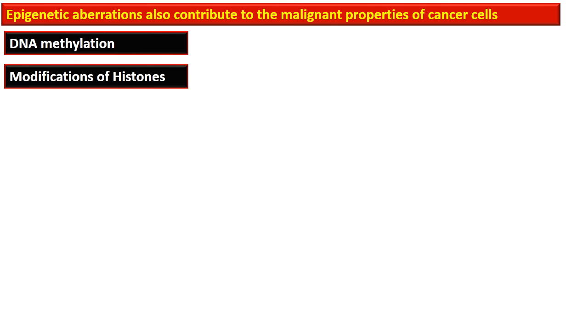Then there is modification of histones, and the histones are the proteins that are responsible for packaging of the chromatin, and their alteration may result in overexpression or underexpression of gene expression.